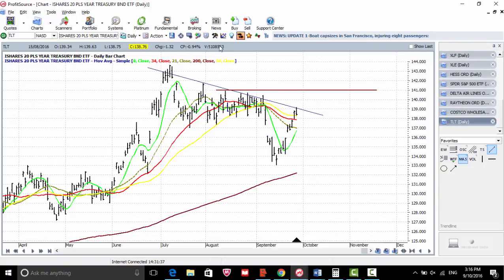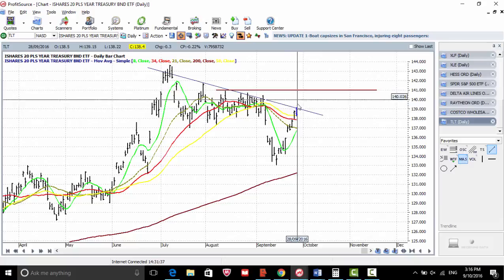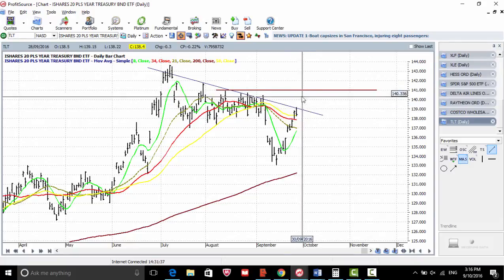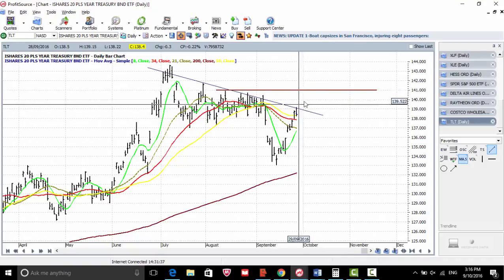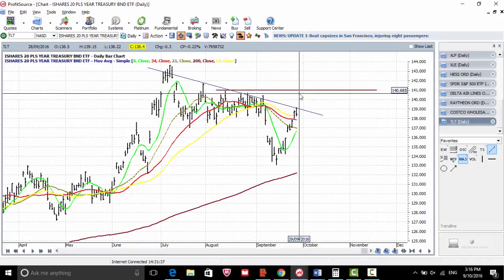If the bonds are up around that 141.50 mark, well, I'm clearly wrong. I should be out of this trade. So I'm happy for the stock to trade somewhere between here, and if it starts to trade up above here, then I'm okay with that. I'm going to risk that $400 to $500, but if it starts to go above that, then I'm going to look to close the position because I'm clearly wrong.